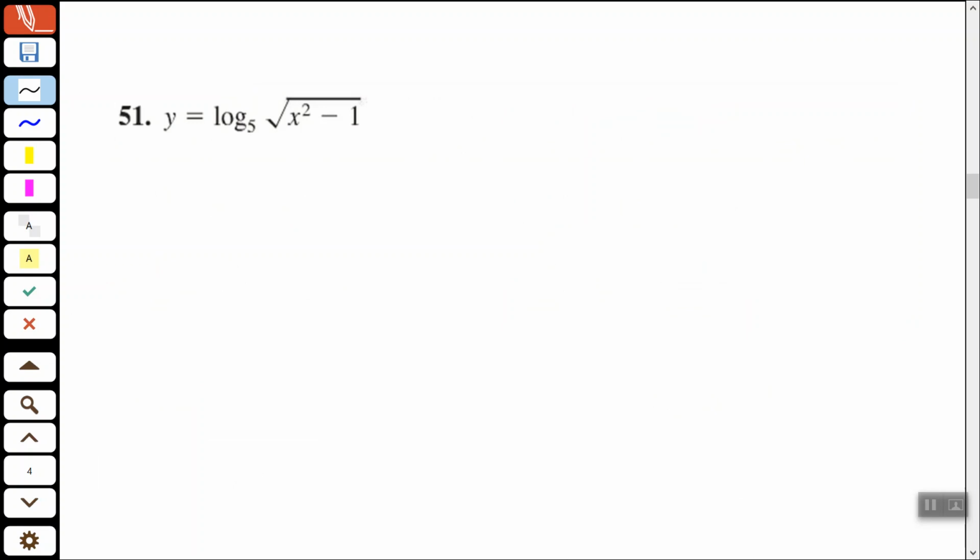Okay, so let's write that derivative over here. So log base a of u is equal to 1 over the natural log of a times u times du dx, which is the same thing as u prime.